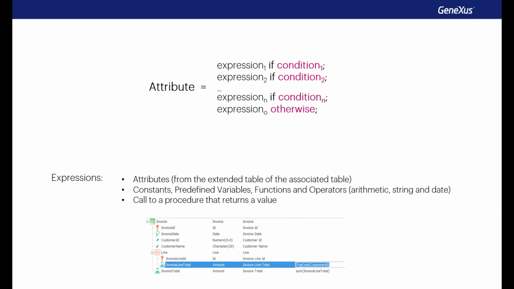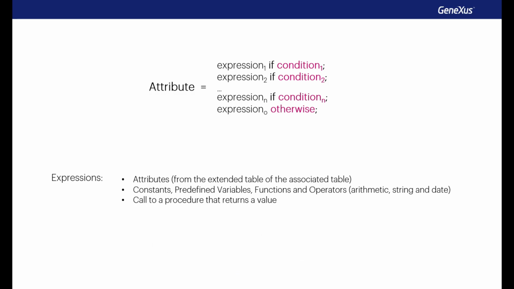They can also contain an invocation to a procedure object that returns a value. The result, either of the expressions or the one returned by the invoked procedure, must be of the same data type as that of the attribute being defined as a formula.